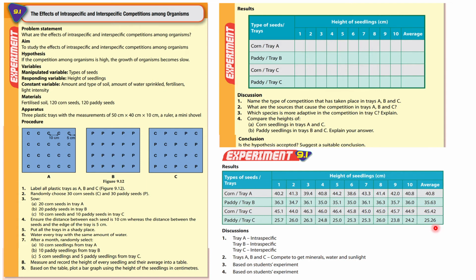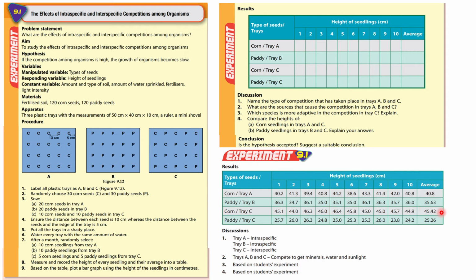Okay, let's compare corn in tray A and also corn in tray C, the averaged height of the seedlings. It shows that corn in tray A is 40.8 cm, which is shorter than the heights of corn in tray C, which experienced interspecific competition.